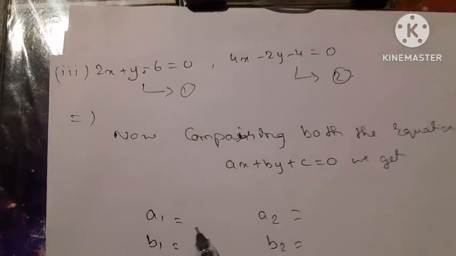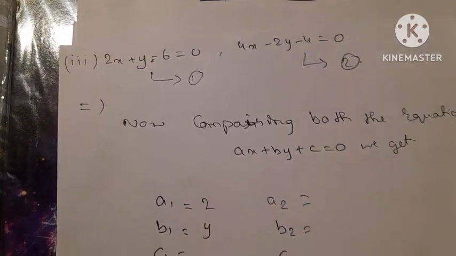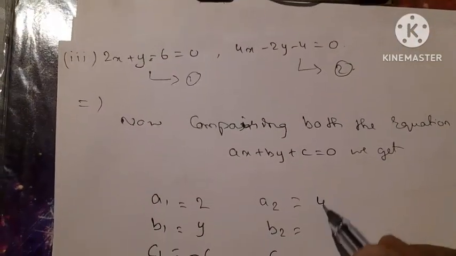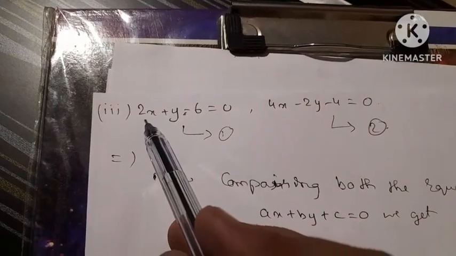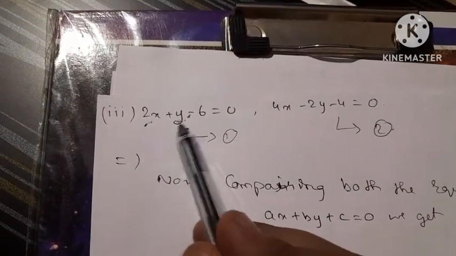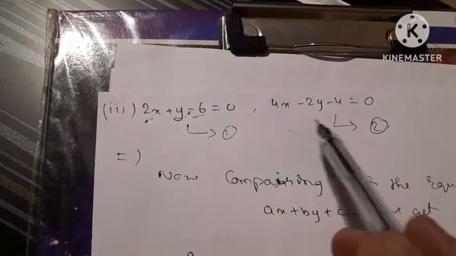What do we get? a1 is 2, b1 is 1, c1 is minus 6. Similarly 4, minus 2, minus 4. Compare these values with here. What I have taken, this will be a1 b1 c1, a2 b2 c2.